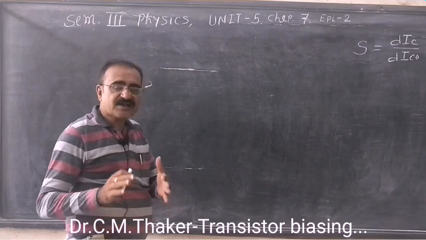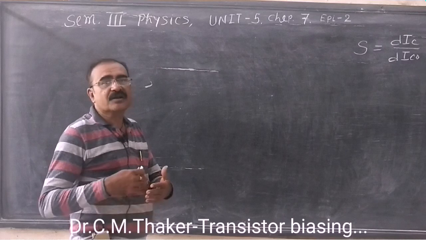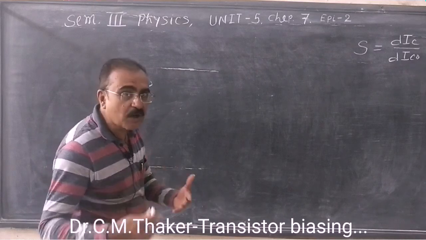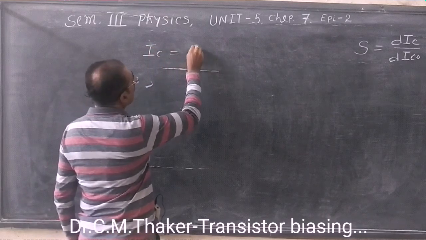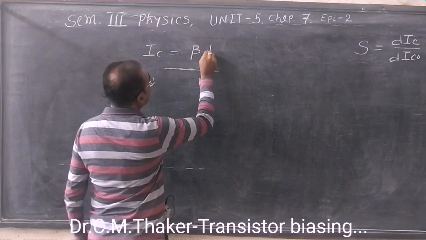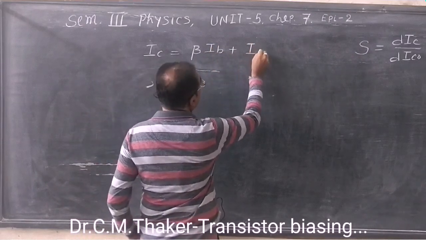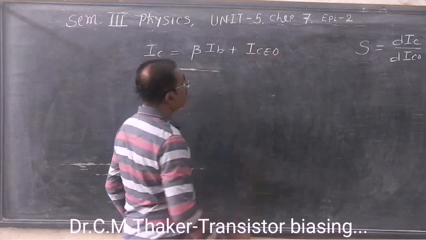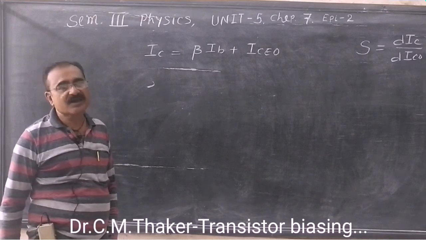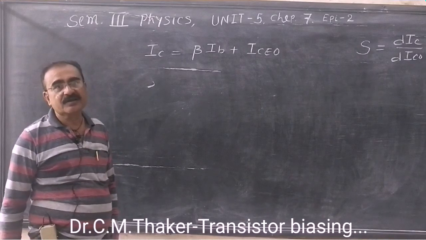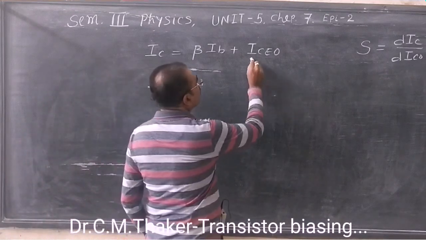Earlier, in second semester, we studied the general expression of the transistor's collector current: IC is equal to beta times IB plus leakage current ICEO. That means IC is composed of majority carriers as well as minority charge carriers. The minority charge carriers are known as leakage current.